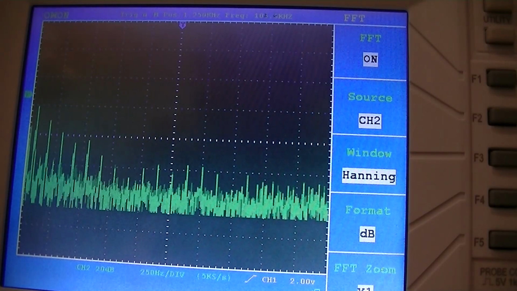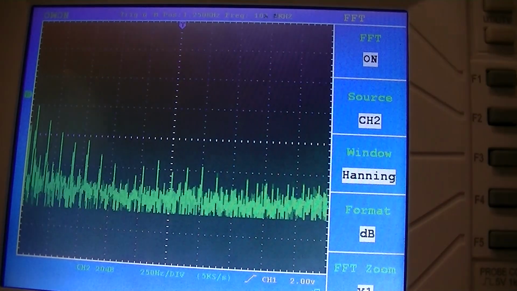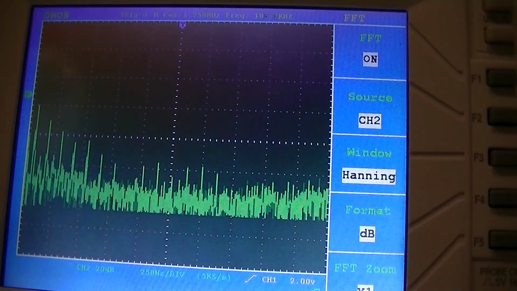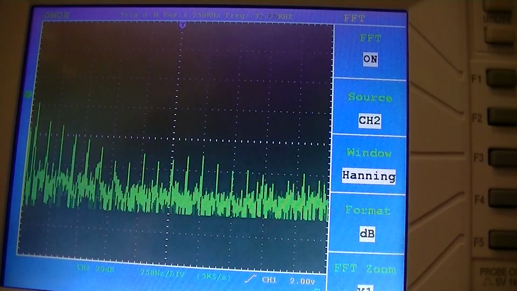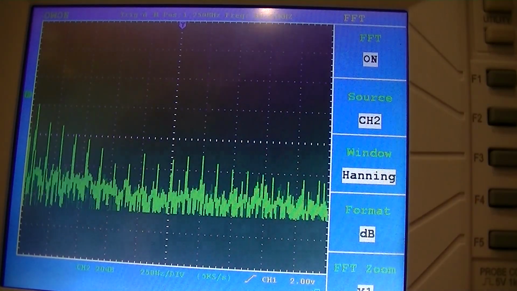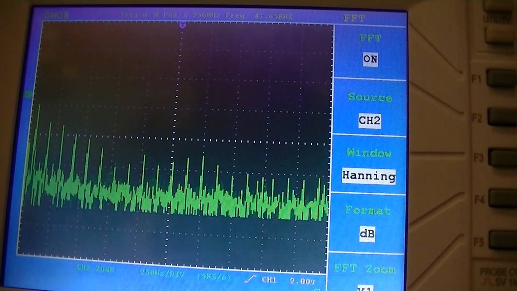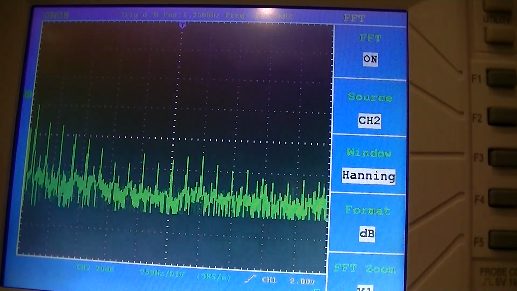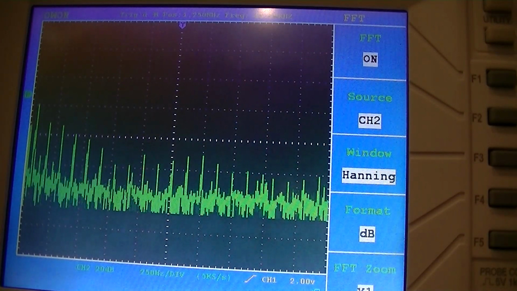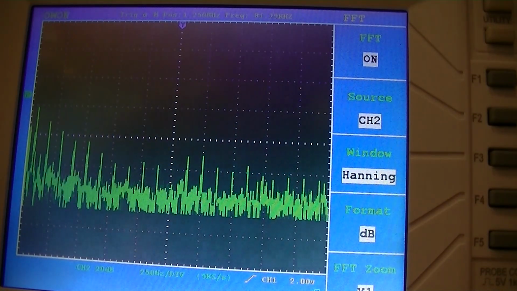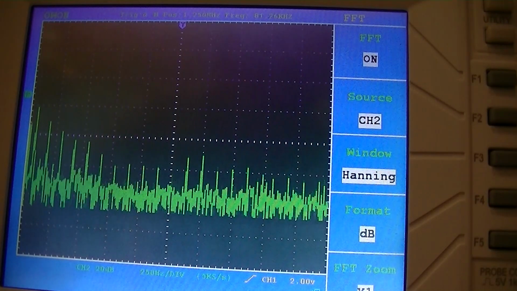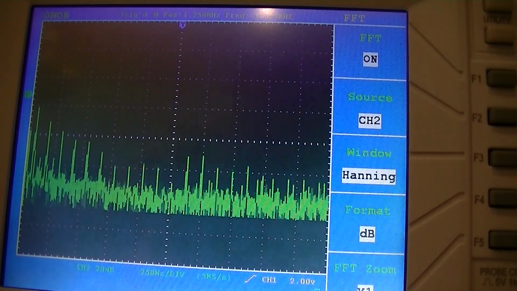So what I'm going to do now is switch off one set of capacitors. This is live 1 going off. So that's our waveform frequency content without the live 1. And now I'm going to switch off the live 2 bank. So the live 2 bank has now gone off, and that's what we get in the frequency domain.